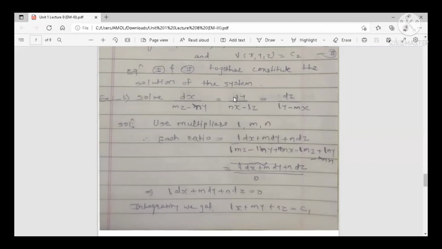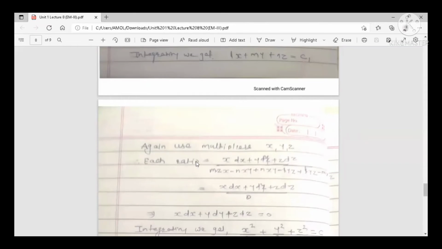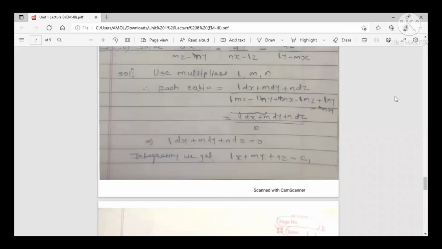respectively, x dx plus y dy plus z dz, and in the denominator also the first term you multiply by x, second term by y, and third term by z. So the terms will be here like this. Each ratio is equal to x dx plus y dy plus z dz upon mzx minus nxy plus nxy minus lyz plus lyz minus mxz.